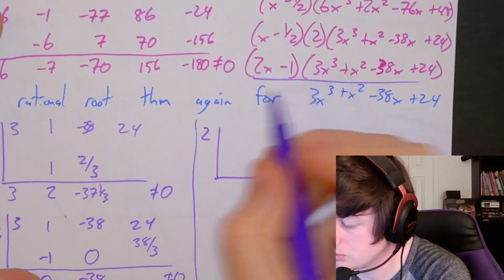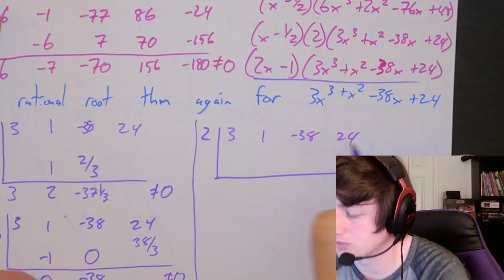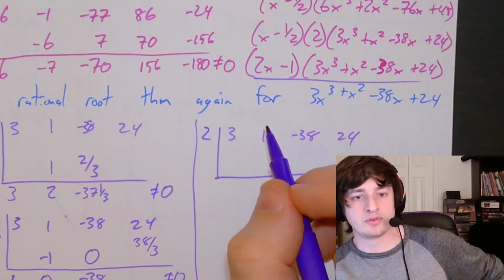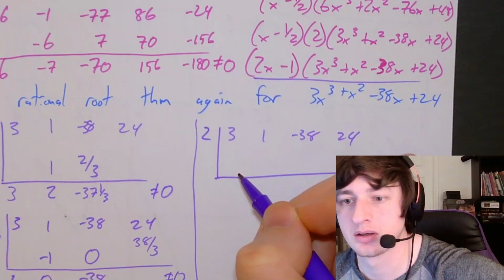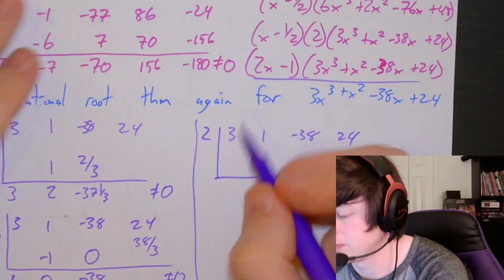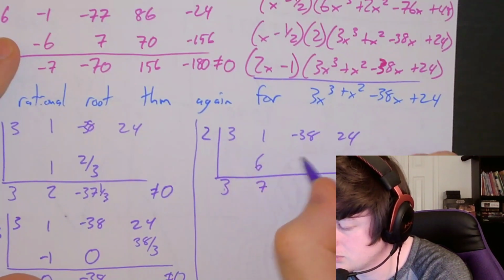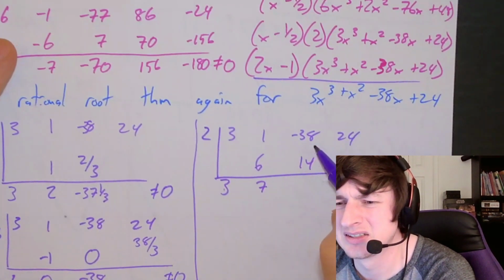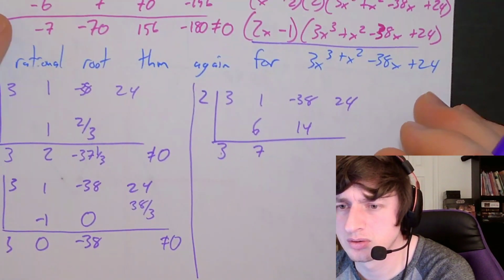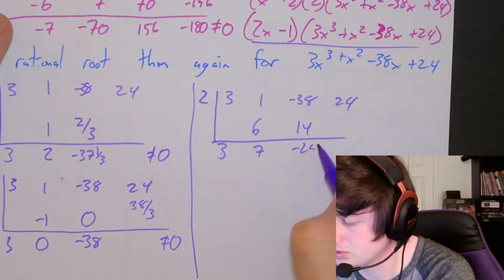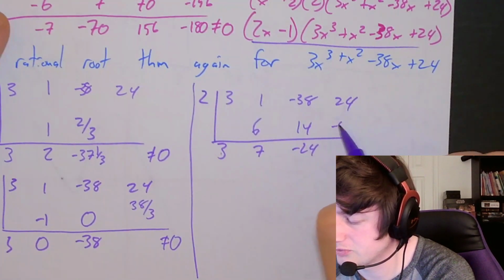2 into 3, 1, negative 38, and 24. So here we add down, and then we multiply diagonally. 3 multiply 2, 6, add, 7, 14, 14 minus 38, oh man, negative 24, times 2 gives me negative 48.